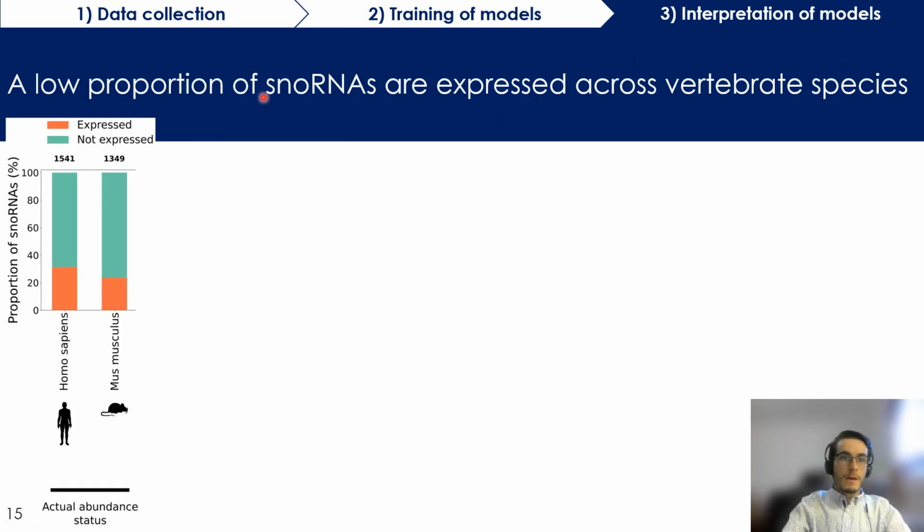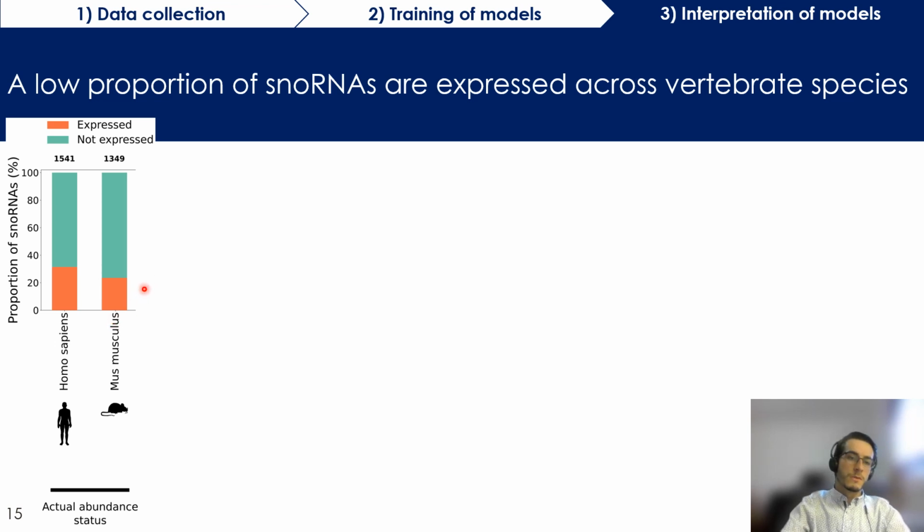Finally, I applied the logistic regression predictor to various vertebrate species. First off, we processed tiger-seq data sets in mouse, and these are the results we obtained. Around 25% of these mouse snoRNAs are expressed in these conditions.